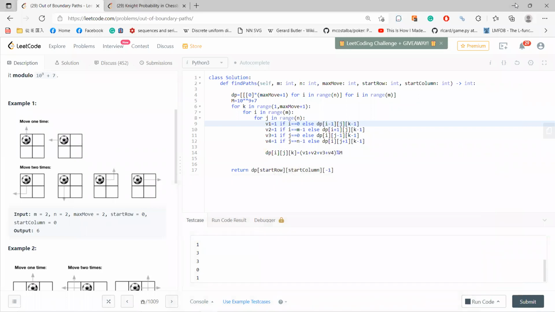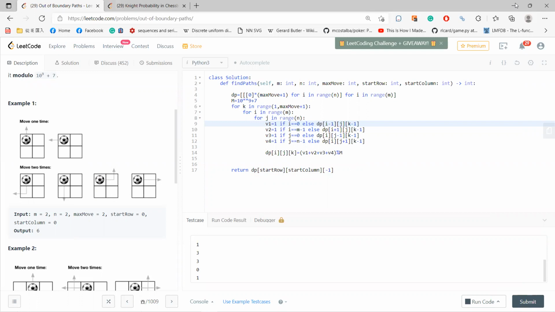So if i is 0, that means you are at the boundary in this direction, so you need to set it to be 1. Otherwise you can call DP[i-1][j][k-1], because you can still go left. If i equals n minus 1, that means you are at the right boundary, so you cannot go right, and you need to set it to be 1.